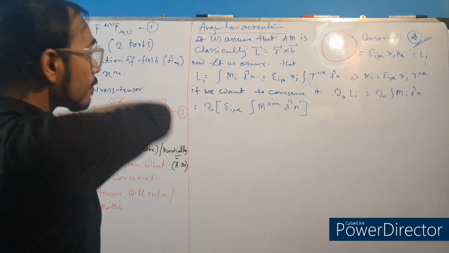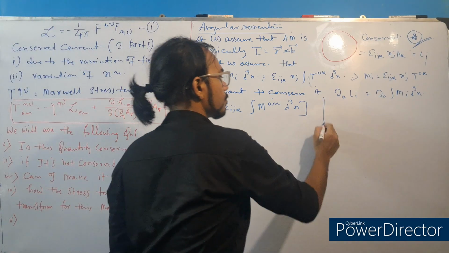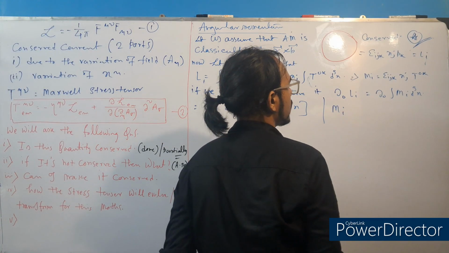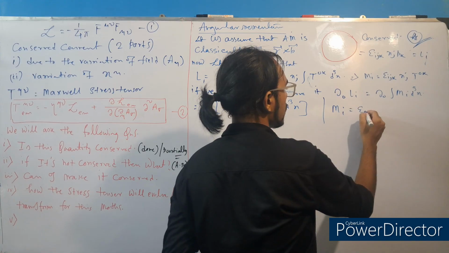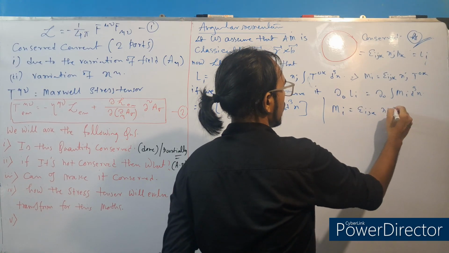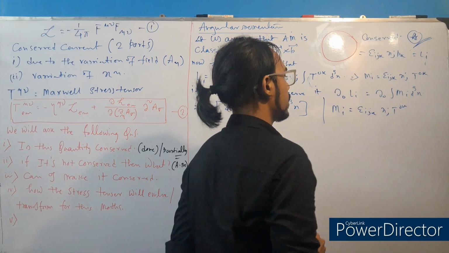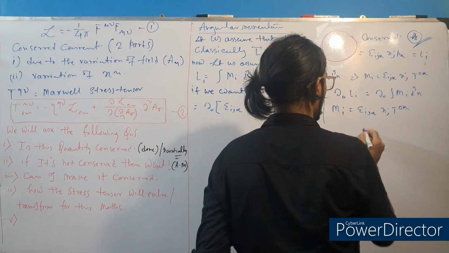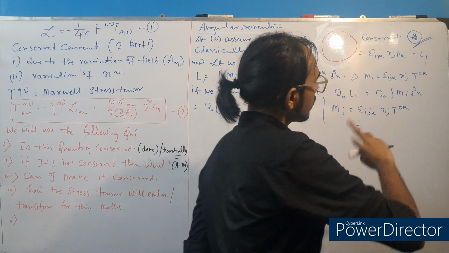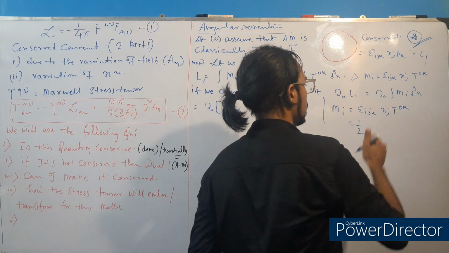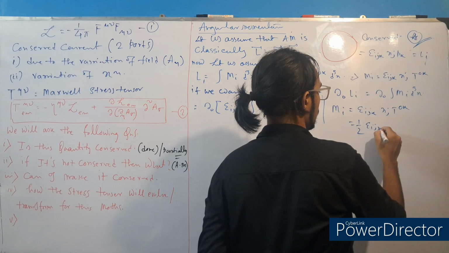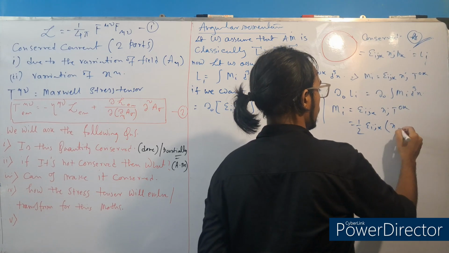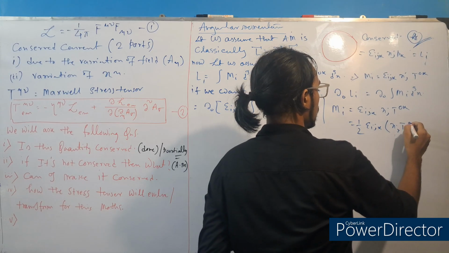Okay, and what is M^i d^3x, or specifically what is M^i? M^i is basically epsilon^{ijk} x^j T^{0k}. Now what happens if we exchange this? x^k. Okay, now not here. x^j T^{0k}.